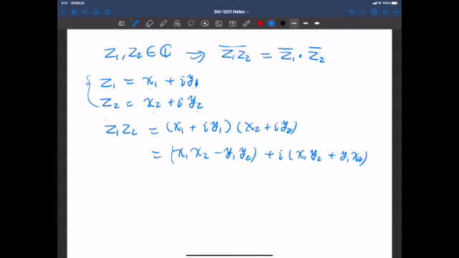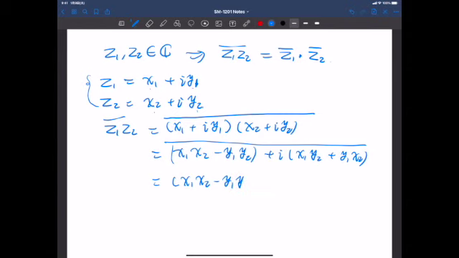Okay, so its complex conjugate is this. So just swap this positive sign to a negative sign.